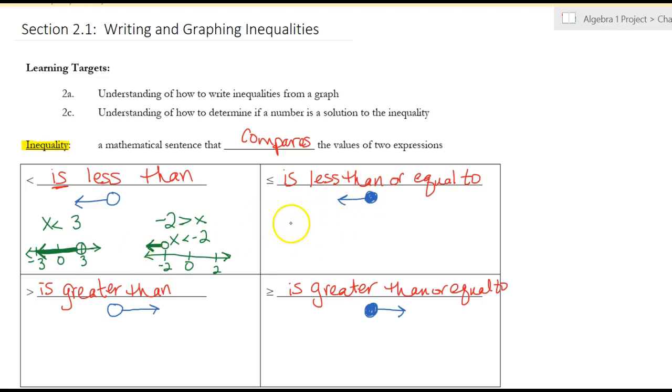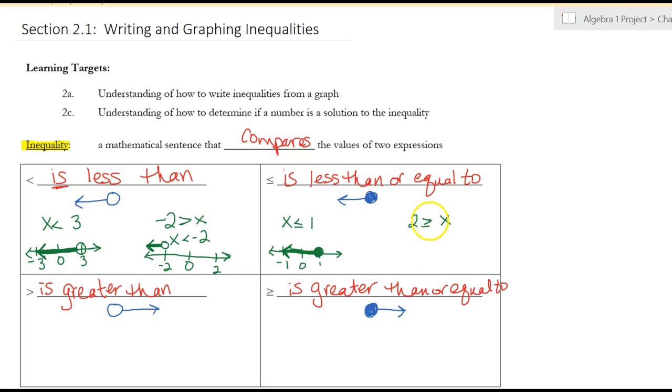All right, let's do some over here. So let's try x is less than or equal to 1. And so I'm going to have a closed circle, and I'm going to go to the left. And then same thing, sometimes you're going to have a backwards one. So some people recognize, oh, it's backwards, I have to go the other way.